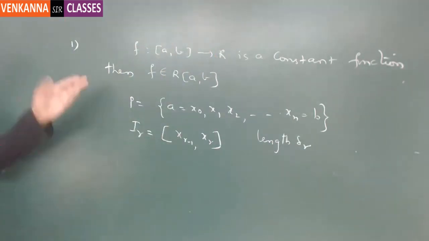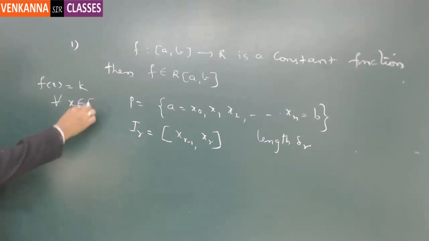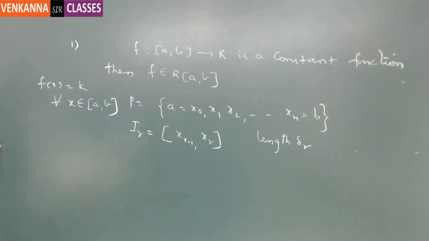And obviously I have taken a constant function, so let us take that f(x) is equal to k for all x belonging to the interval because it is a constant function. So in this case, what is the infimum and supremum for the function f? What is the infimum of the function and what is the supremum of the function?